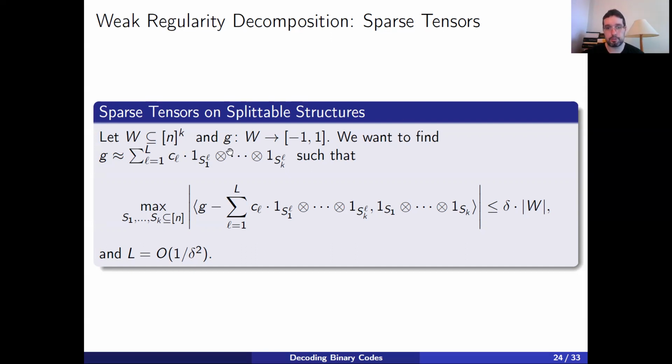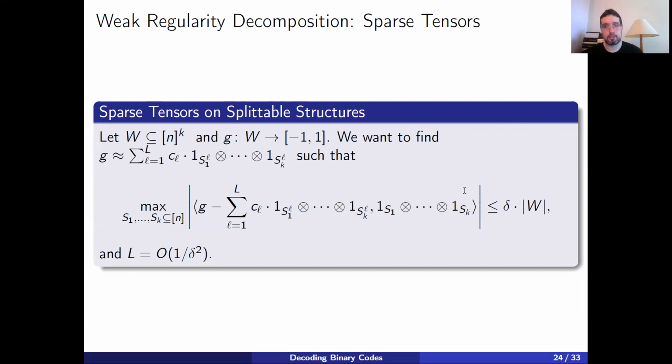So if you're given this function g, you want to find, as before, in the same spirit, a decomposition of g as a small sum of cut tensors. And we still want this number to be small, and you want to be indistinguishable with respect to cut tensors, and now we want the error to be at most delta times W. If W happens to be sparse, this still works in the sparse regime.